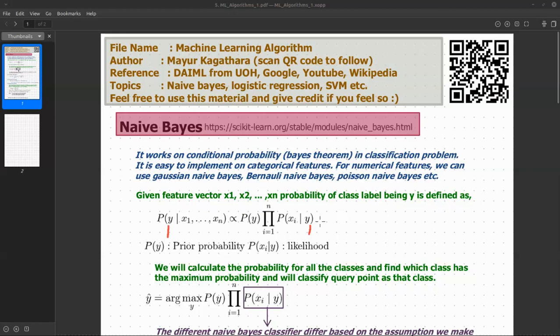Given y. So what we are doing is, to identify if it is 1 or 0, we will go into the data and check if we have a matching input or not, right? For each x, we are calculating the probability for that class. So what is the likelihood?